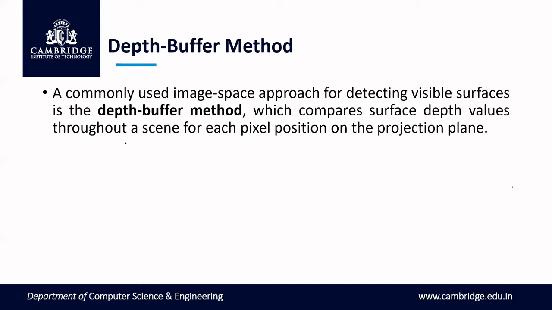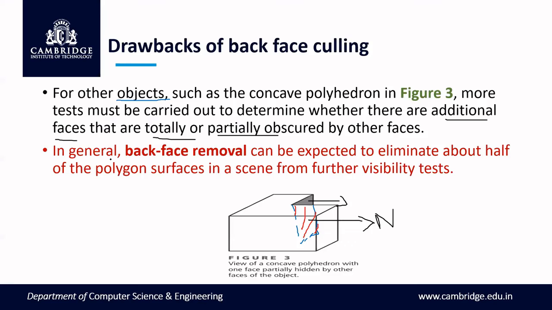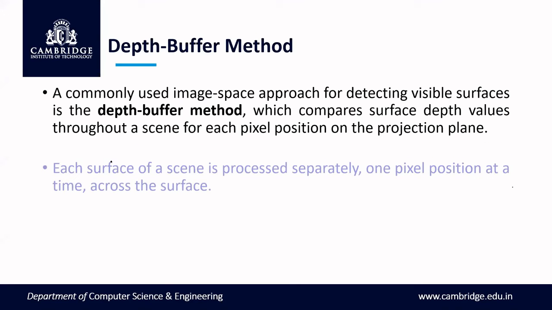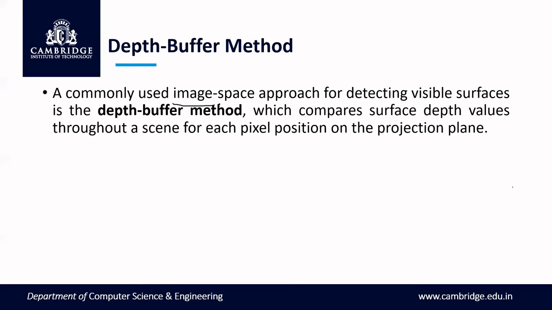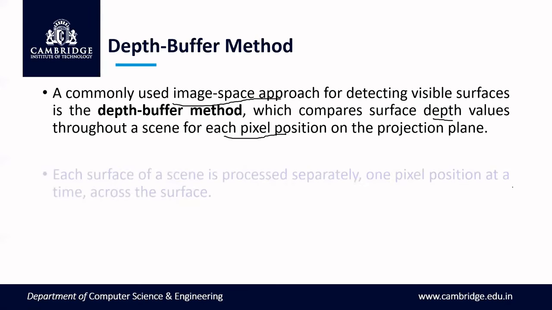So here we detect a visible surface with the image space approach, which compares surface depth values throughout the scene for each pixel. Here we are not comparing object by object; we are comparing pixel by pixel on the projection plane.